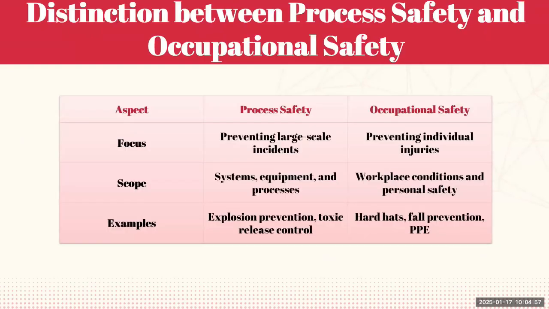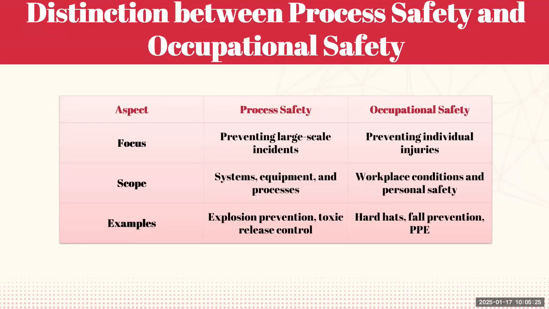But before that, we have a quick distinction between process safety and occupational safety. Process safety focuses on preventing large-scale incidents, whereas occupational safety focuses on preventing individual injuries. The scope of process safety includes the systems, equipment, and the processes, whereas occupational safety includes the workplace conditions and personal safety on site.